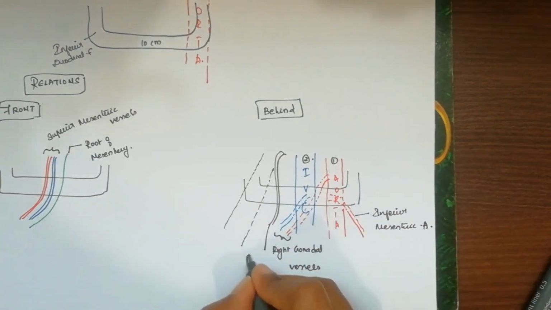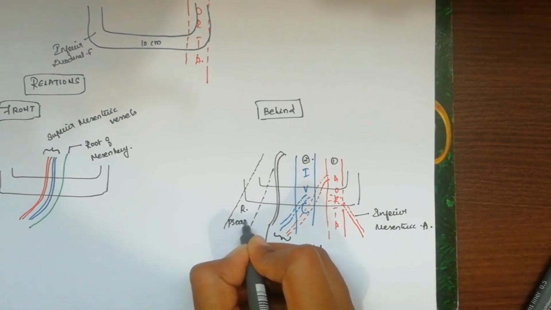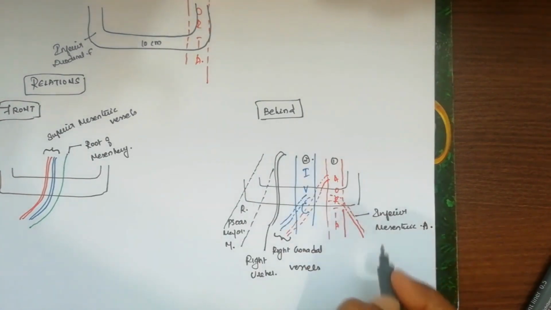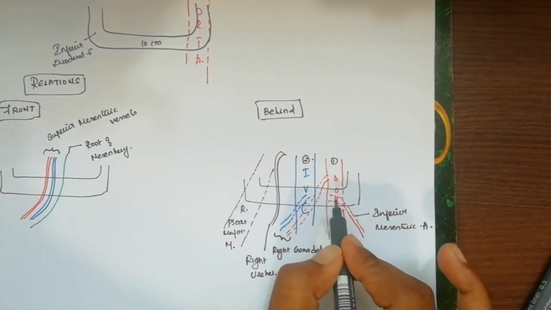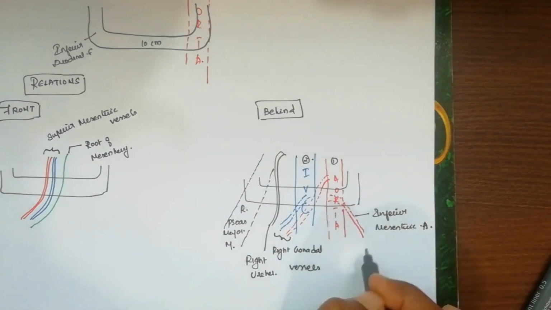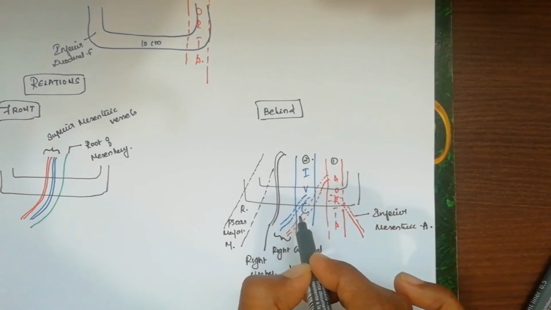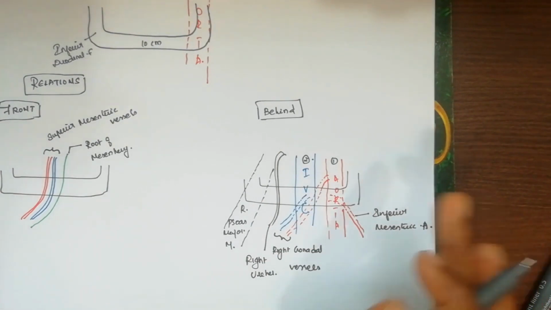And then we have got right ureter and right psoas major muscle. So these all are the structures which are seen behind the third part of duodenum. So now we have got posterior relation for third part of duodenum: aorta, inferior vena cava, right gonadal vessel, inferior mesenteric artery, right ureter with right psoas major muscle.